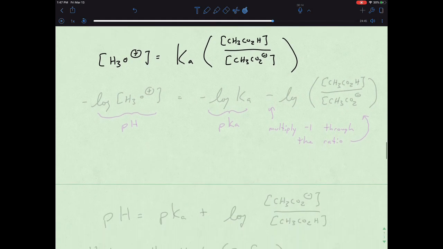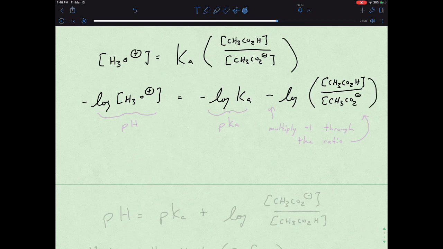Let's take basically the negative logarithm of both sides. So we're taking the negative log of my hydronium ion would be equal to the negative log of my Ka, right? Minus or plus the negative log of that ratio of the parent acetic acid to the conjugate base acetate.